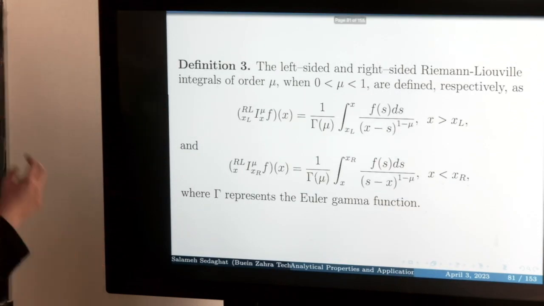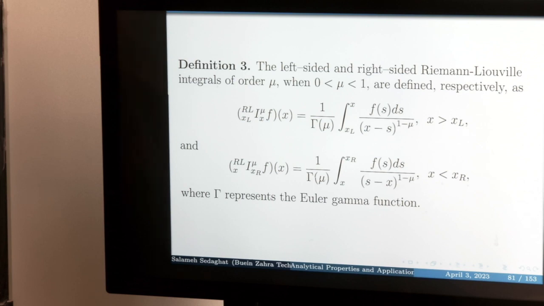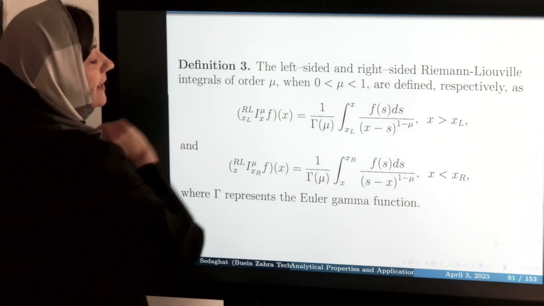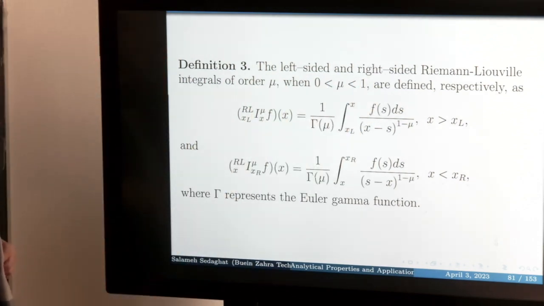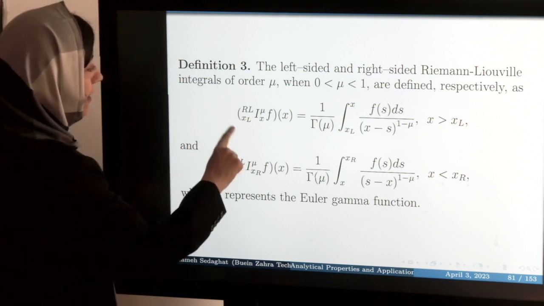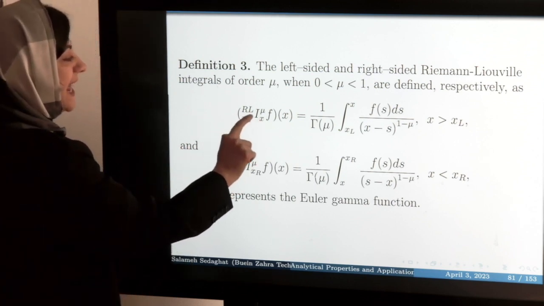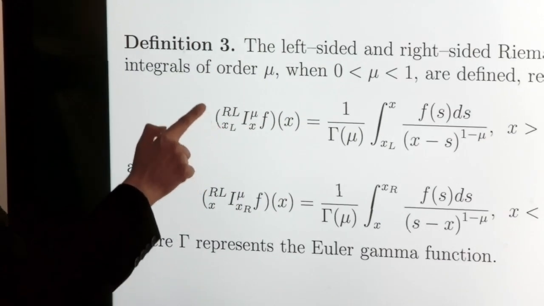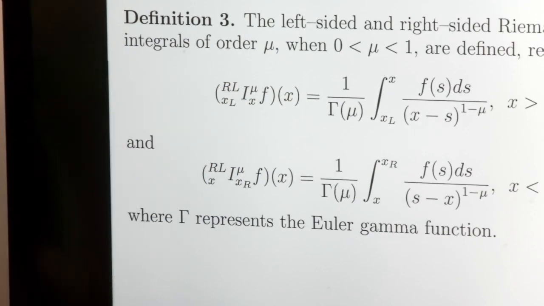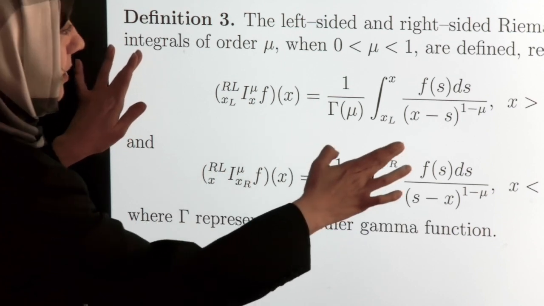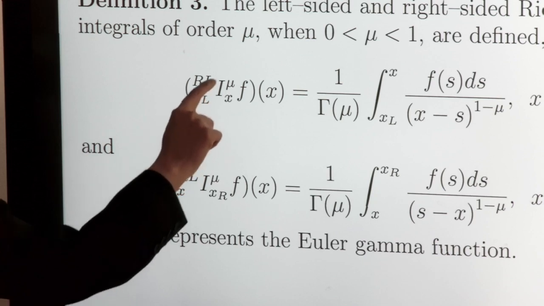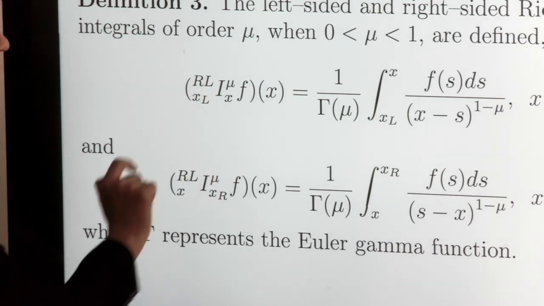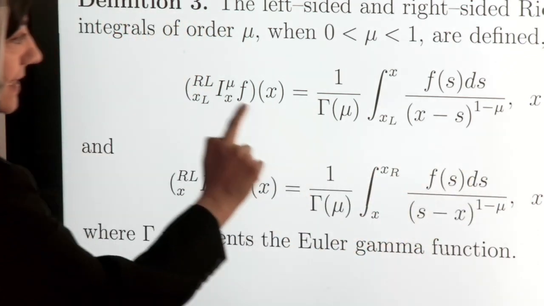Okay? Also here, we have two more definitions: the left-sided and right-sided Riemann-Liouville integrals. And here we have this definition. The left-sided Riemann-Liouville integral of order mu of f can be obtained from this integral.